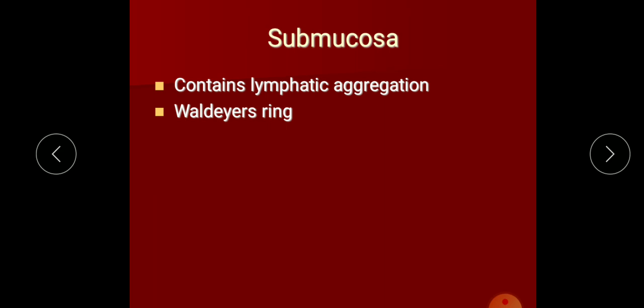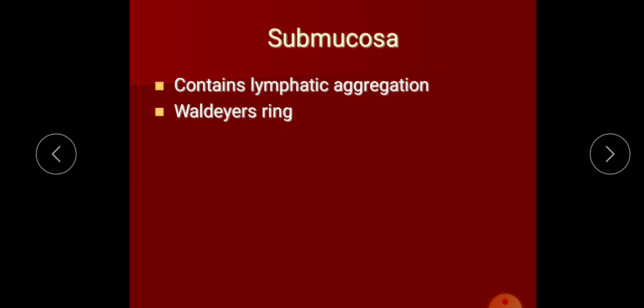So submucosa is characterized by a lymphatic aggregation, and what you call that lymphatic aggregation is a mucosal associated lymphatic aggregation which you find at the entry of the oral as well as the nasal passages, and these lymphoid aggregations are collectively termed as what?